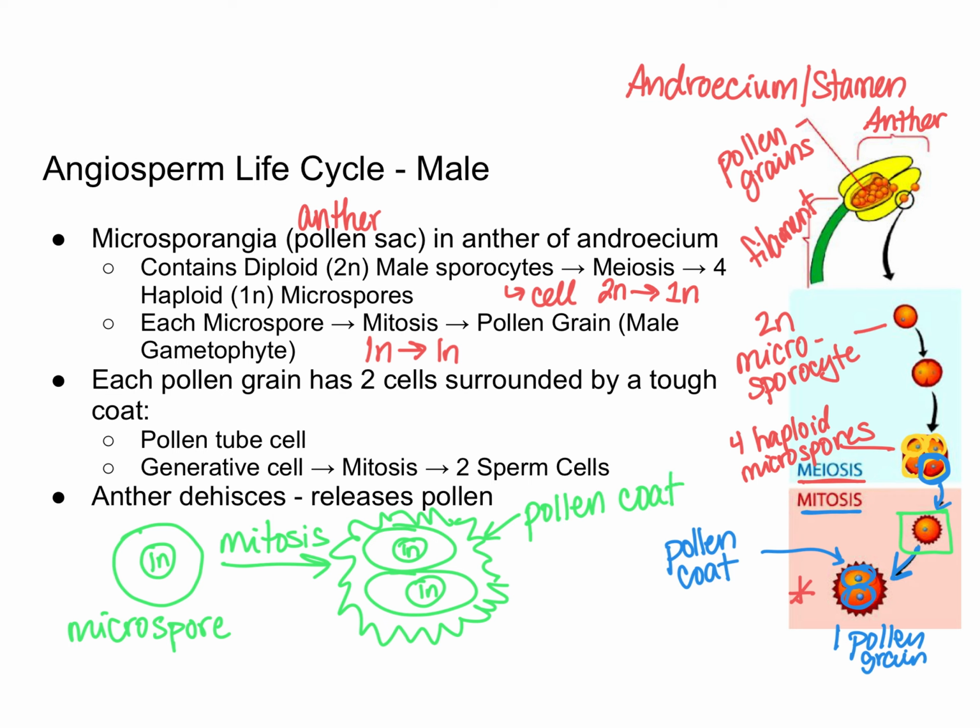Now these two cells are going to have different functions associated with them. One of these cells is going to be a pollen tube cell. And one of them is going to be a generative cell.